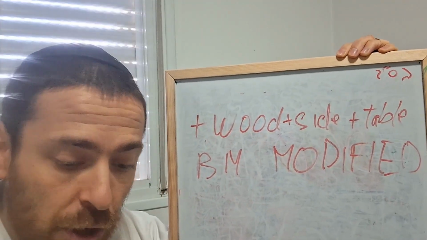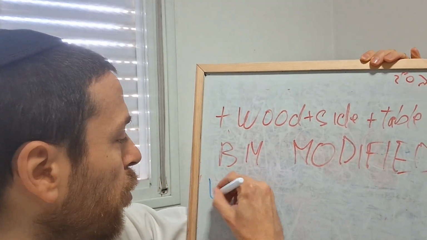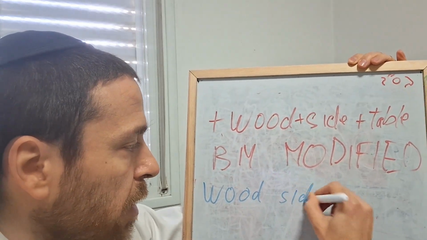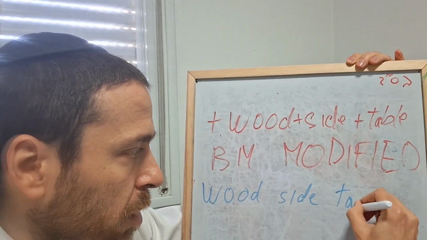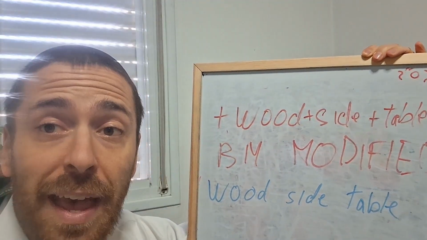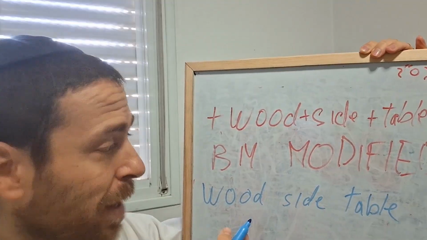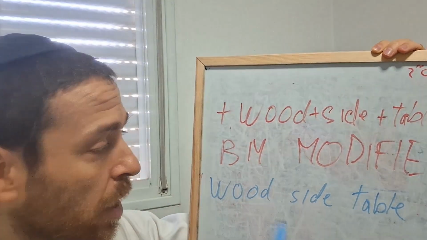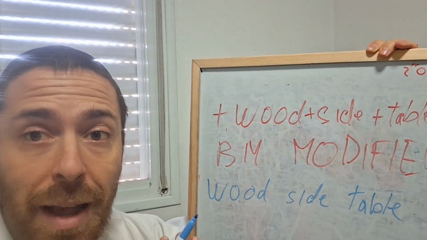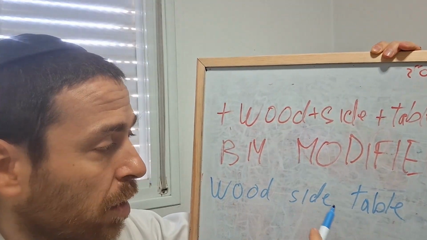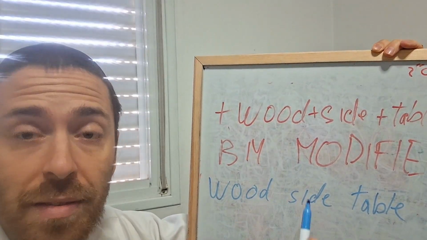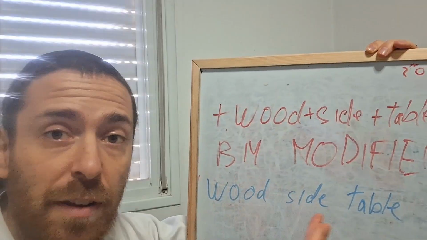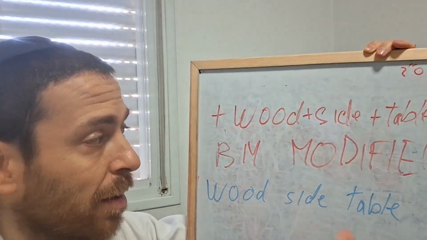And this is in contrast, for example, to me writing wood side table like that as a broad match keyword without the plus signs. And this is broad match unmodified, which means they can match a search term that includes these keywords in any order. With broad match, unlike phrase match, the order of the words doesn't matter.